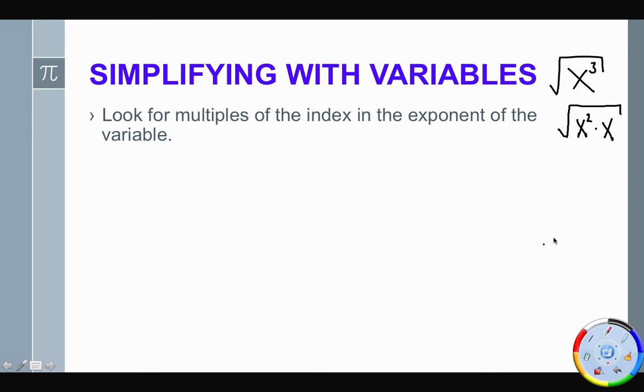And then we can simplify from there. We know that the square root of 9 is the same thing as the square root of 3 squared, and we get 3. Well, that works the same way with variables. The square root of x squared is just x, with a square root of x left over on the inside.